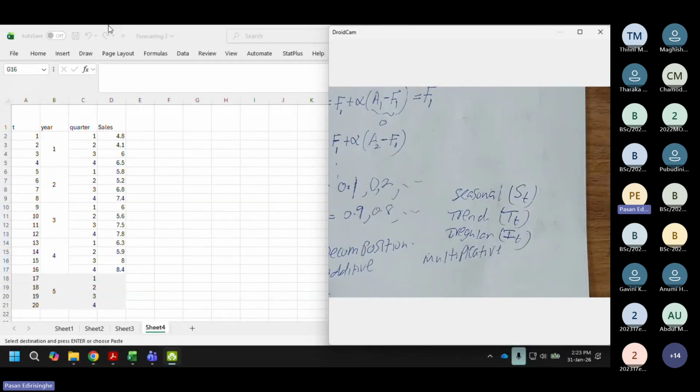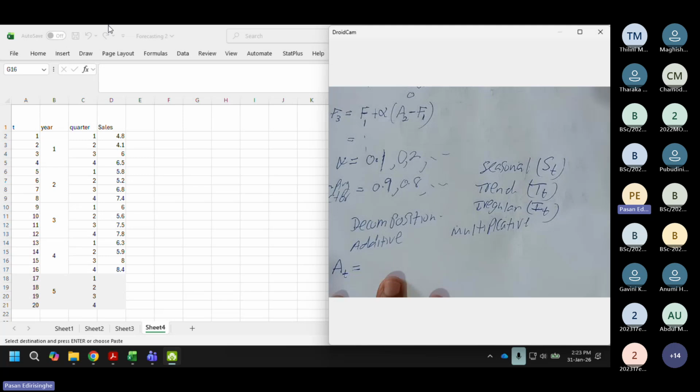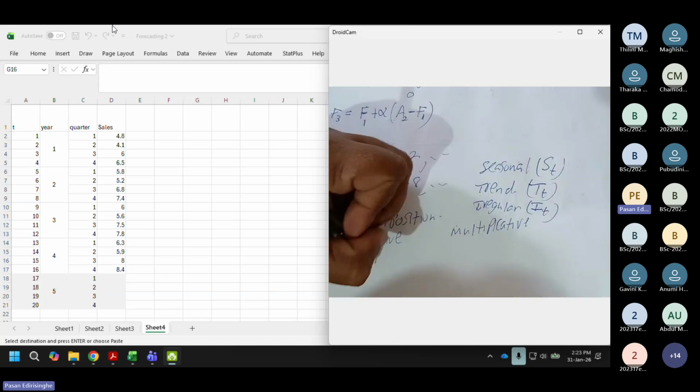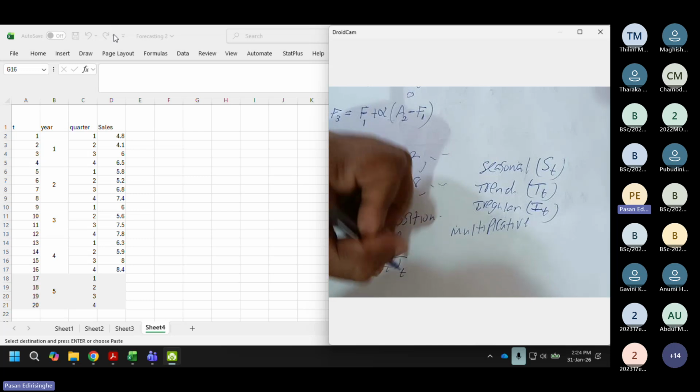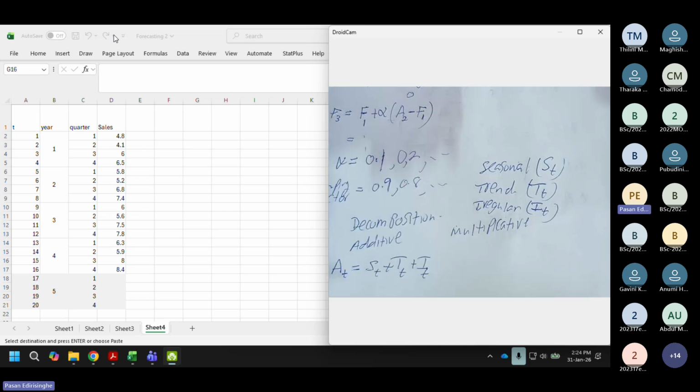The only thing is that now we need to define whether they are blended as additive components or as multiplicative components. So that's what we need to decide, right? If we decide that they are additive components, then we can define that as T plus D t plus I d, right?